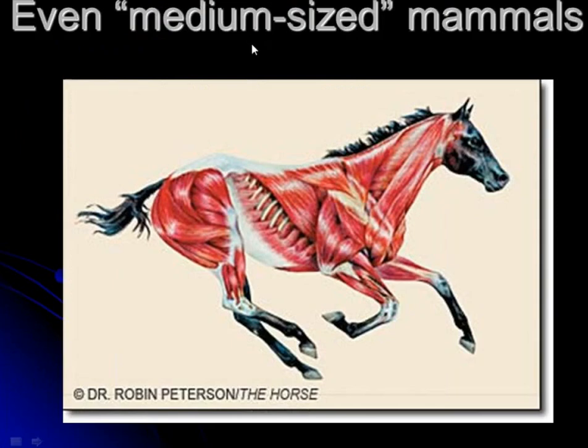And this is true even of medium-sized animals, although I realize if you've ever been up close to a horse, they don't seem so medium-sized if they step on your feet. But even medium-sized animals that run around, like horses or deer, stiffen up the back a lot to allow it as a platform for running in the ungulate or hoofed mammal style. So there's a lot to be said for stiff backs, even if mammals have to go to a lot of trouble just to get there.